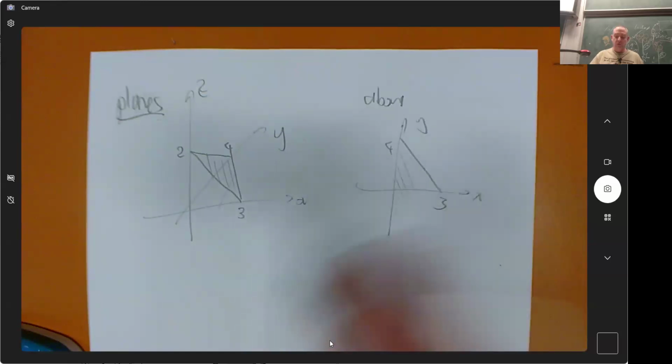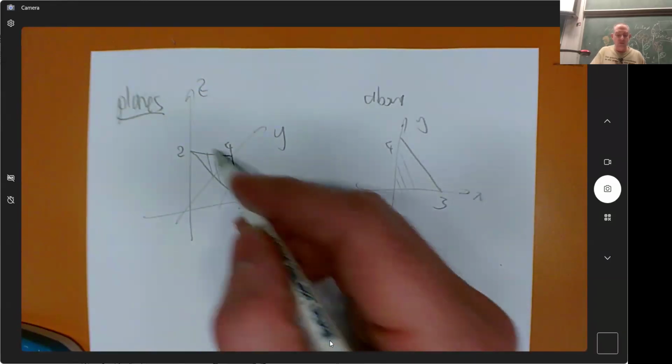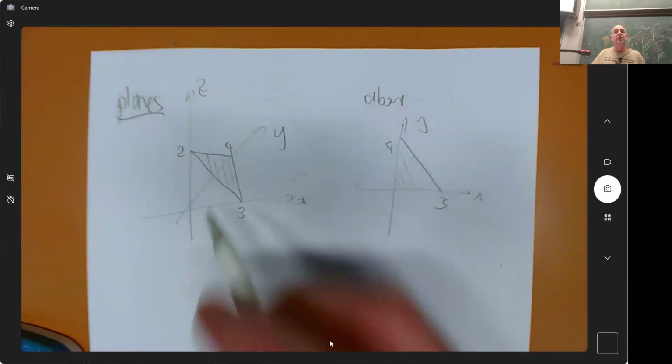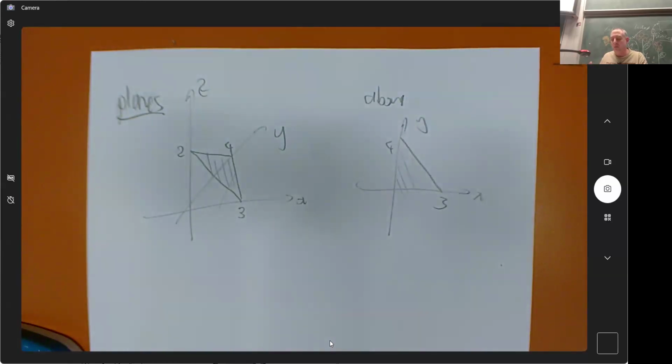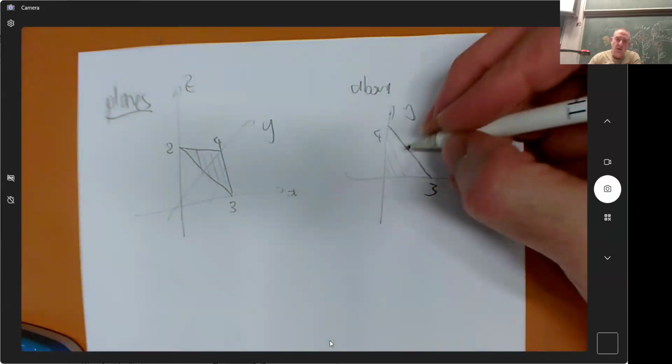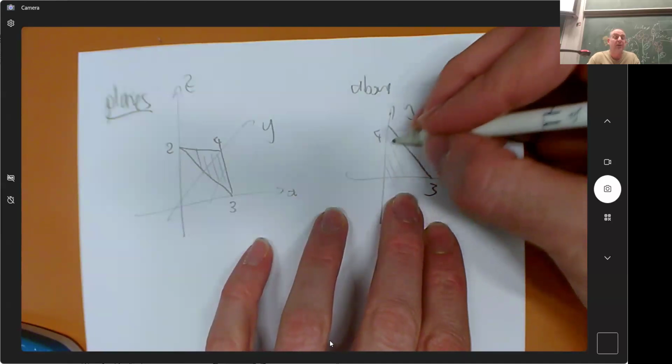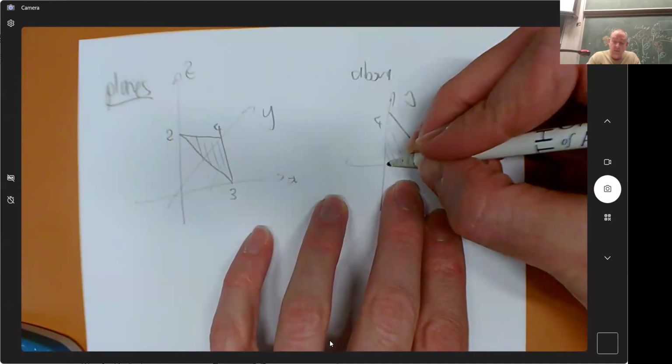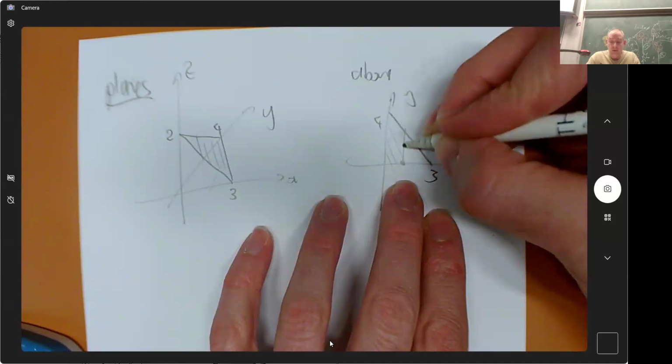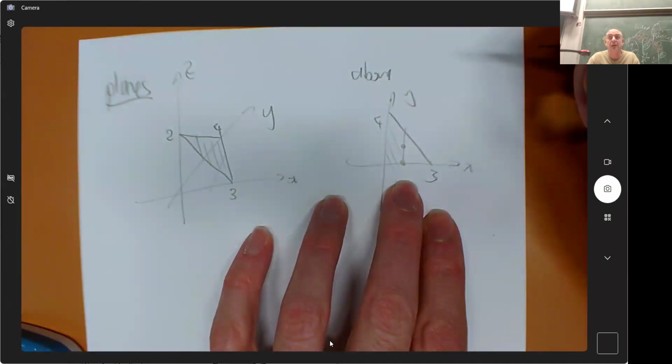And so I need to choose, if I can find a formula for this graph, for z equals, then I can do my parameterization as x, y, and z. So I know that I can locate every point down here by picking an x and then picking a y based on that.